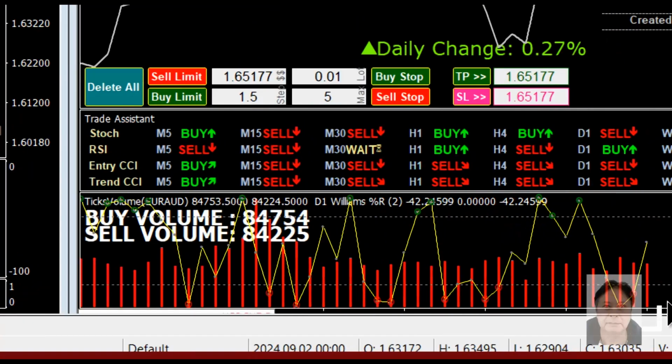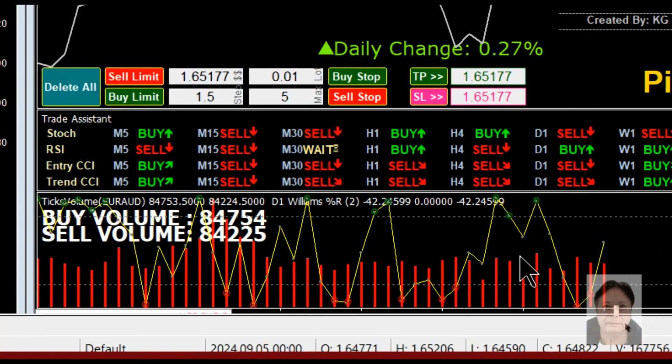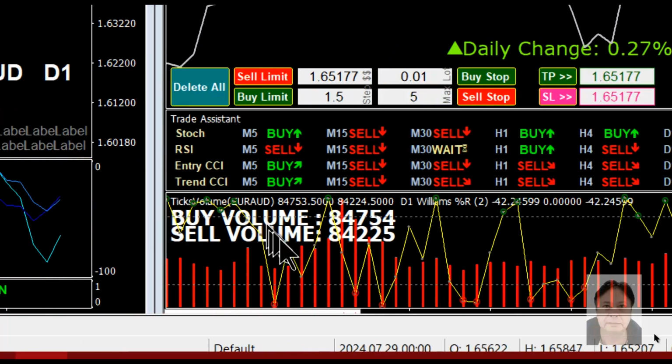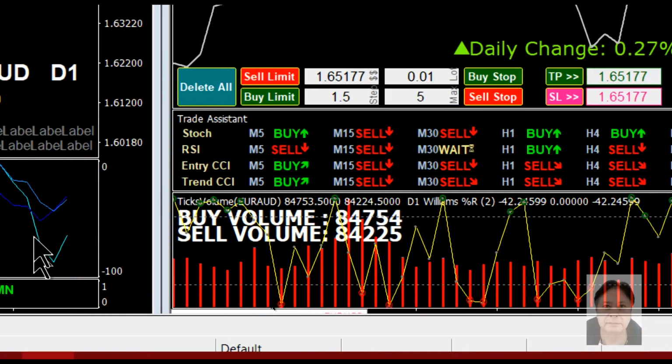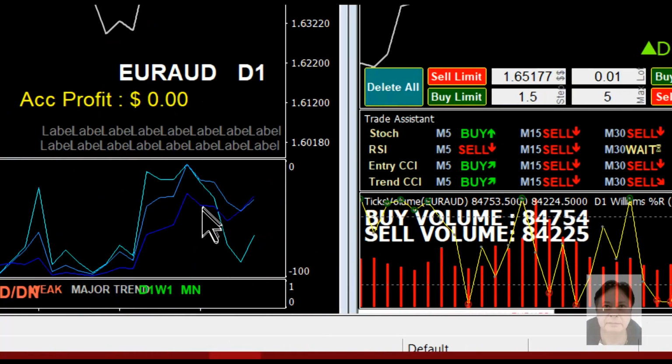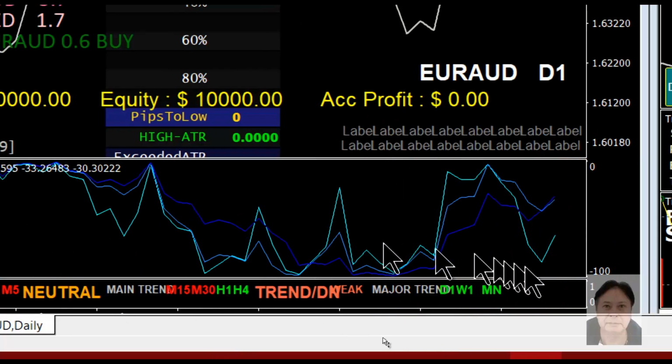I think this one is the overbought and oversold one, and obviously the volume. Both of these, this trend line here and this one here, should roughly match. So you've got to keep an eye on both. It doesn't really matter too much which one you're watching, but both have got to match.